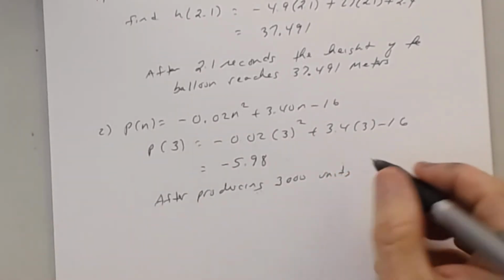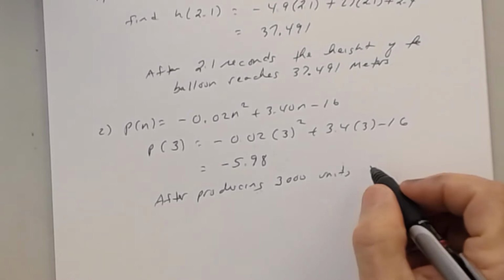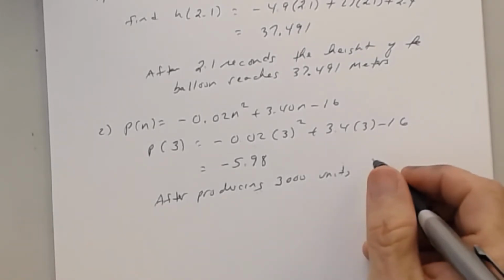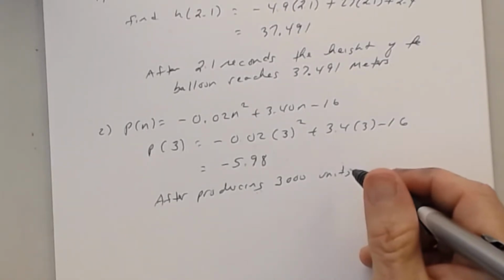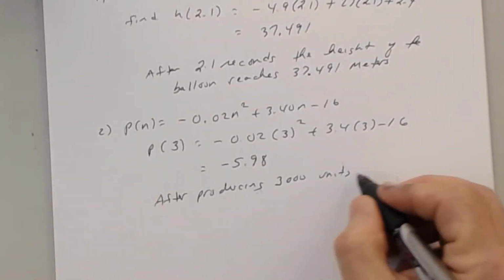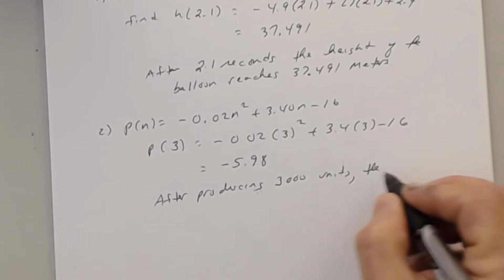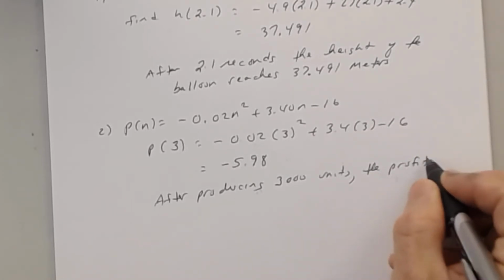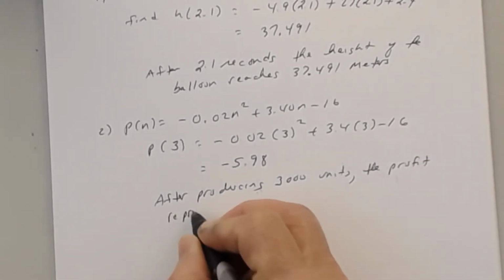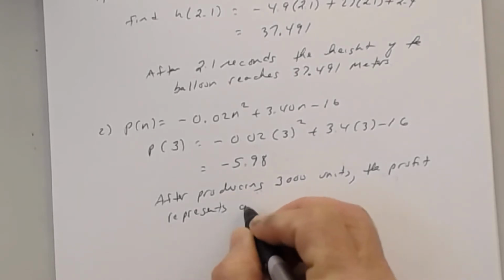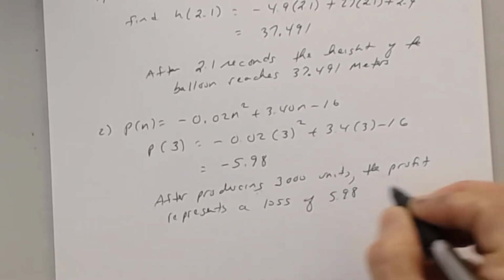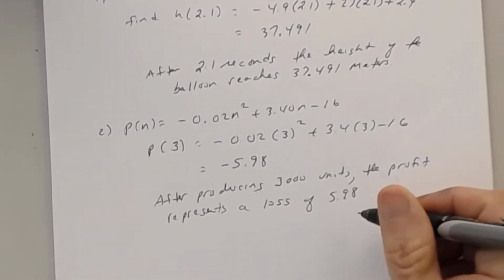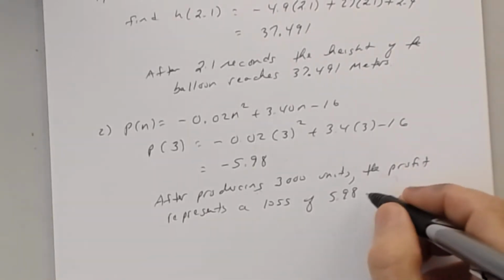So after producing 3,000 units, you're actually losing money, because your profit is negative. The profit represents a loss of 5.98 what? $5.98 thousand, or $5,980.